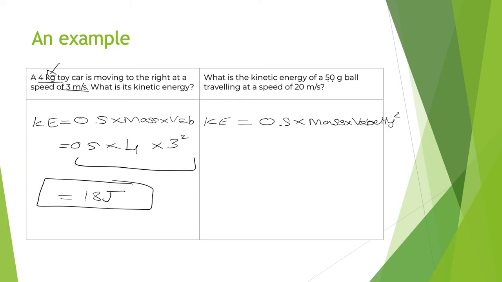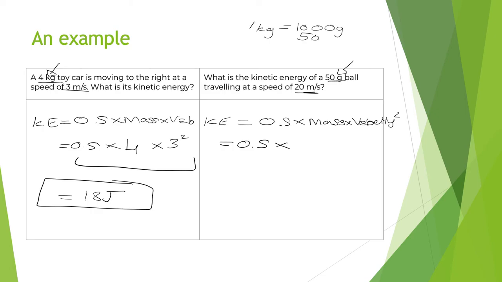Let's input our numbers and we have to check that they're in the right units. So we have 0.5 multiplied by, we've got a problem here because this is in grams, so we have to convert it to kilograms. 1 kilogram equals 1000 grams.